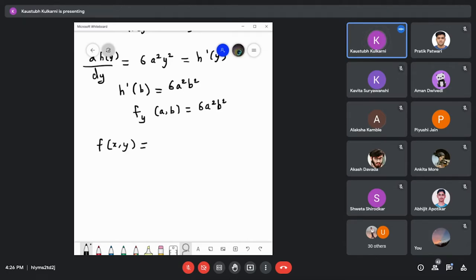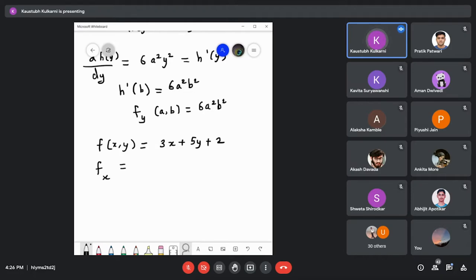F of xy is equal to 3x plus 5y plus 2. What will be the partial derivative with respect to x? Let's say you are not given any point, just find it in general.